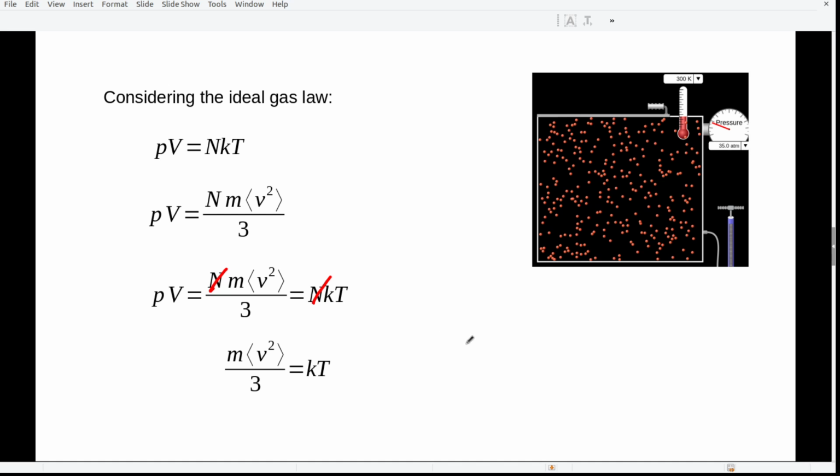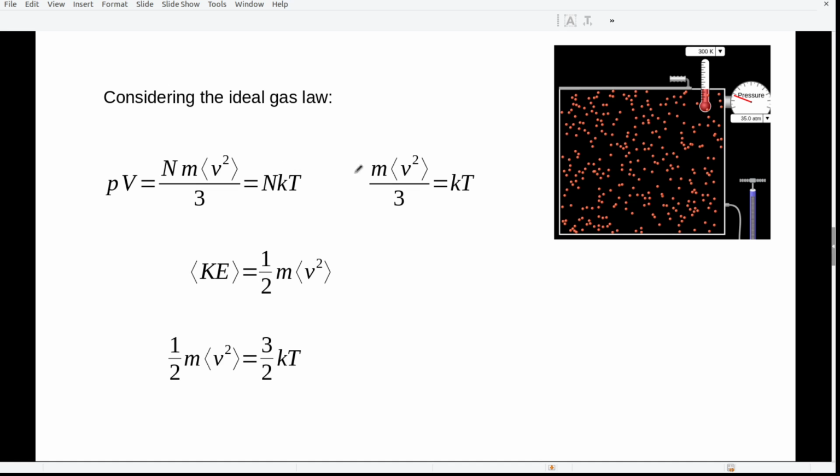But remember, we're trying to find T proportional to the average kinetic energy, or equal to the average of 1/2 mv squared. So how do we get that?